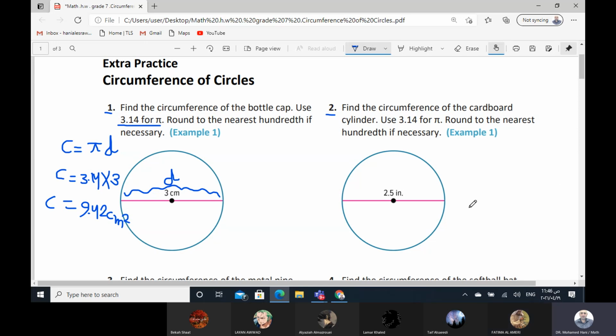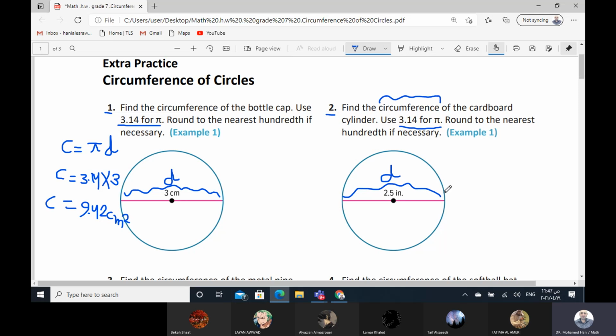Yes, please. Find the circumference of the cardboard cylinder. Use 3.14 for pi. Round to the nearest hundredth if necessary. Thank you. So as you see here, the information we have the diameter, 2.5 inch, and we know the value of pi, 3.14, and we want to solve the circumference.